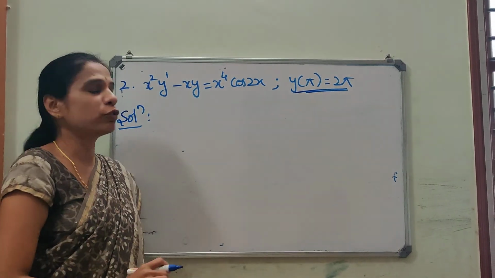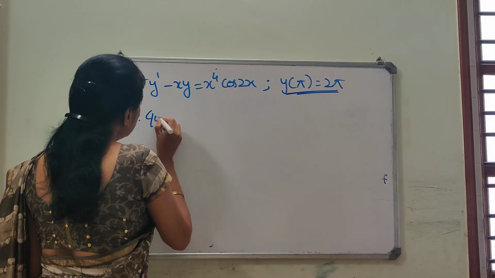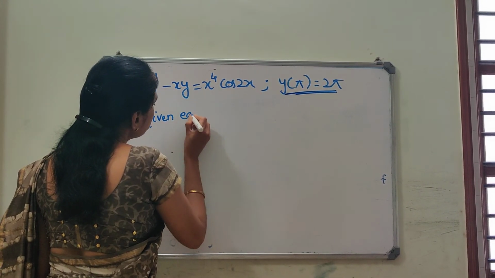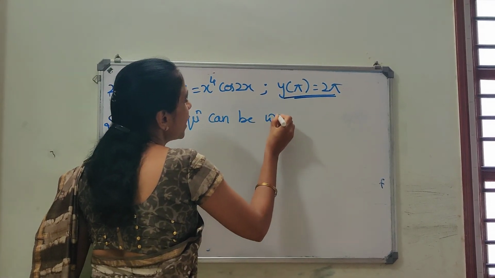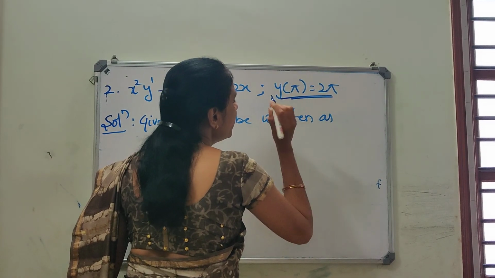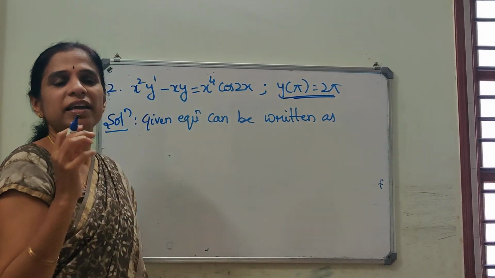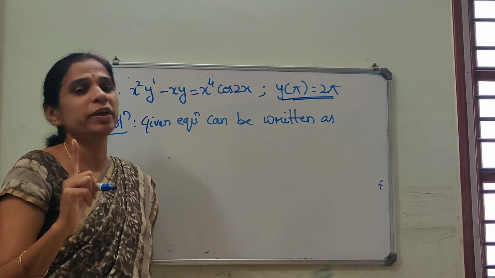Step 1 we need to follow. The given equation can be written as, I need to write it in the standard form dy by dx plus py is equal to q. That means that the coefficient of dy by dx should be 1.